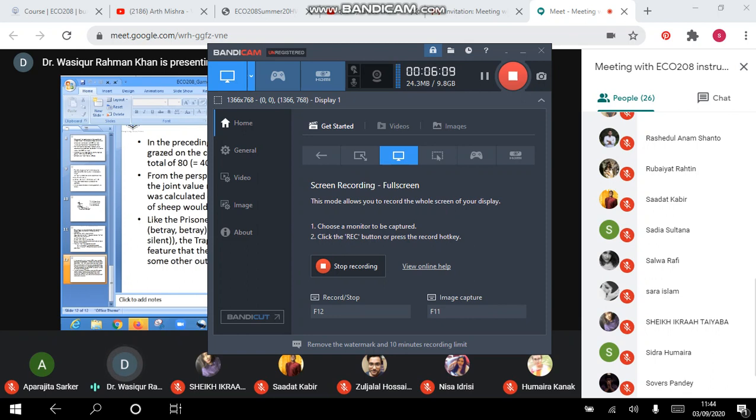So similarly, in the tragedy of the commons, it shows the feature that sometimes a Nash equilibrium is less efficient for all players than some other outcome. Okay? Nash equilibrium is fine. The Nash equilibrium is important. Why is Nash equilibrium important? Because it is a stable equilibrium.